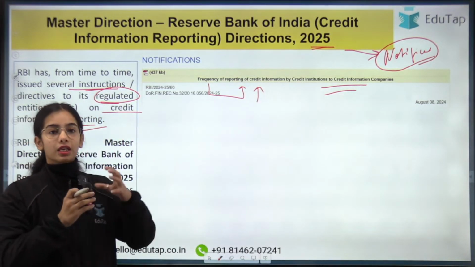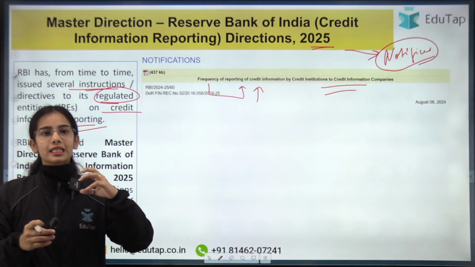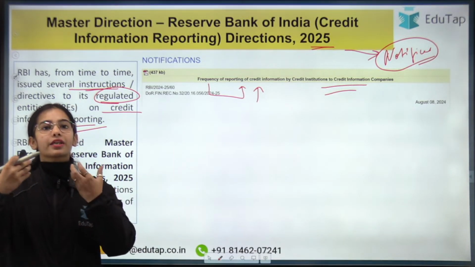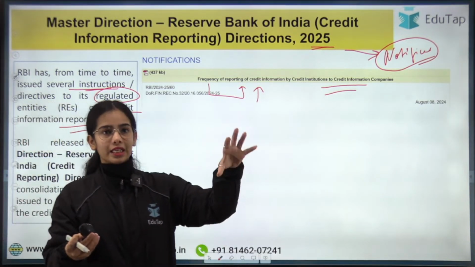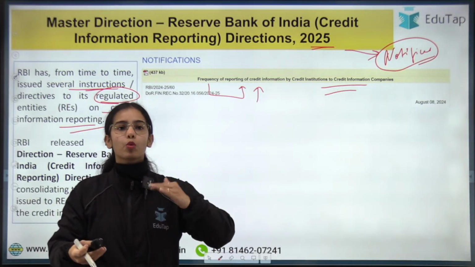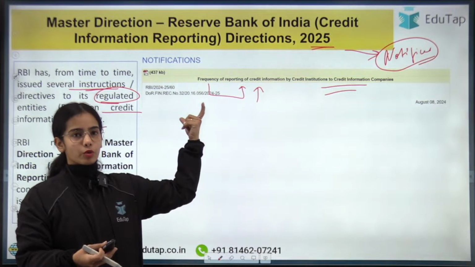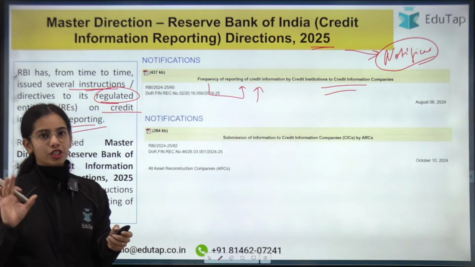The credit institutions, that is the banks and NBFCs that provide credit, should provide the data regarding the loans to the credit information companies in a more frequent manner. We will understand about the timeline. We have already discussed this also.